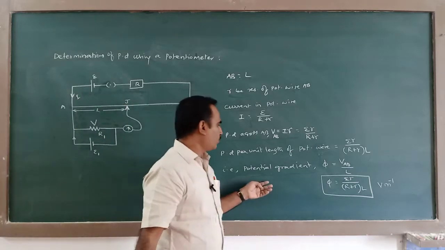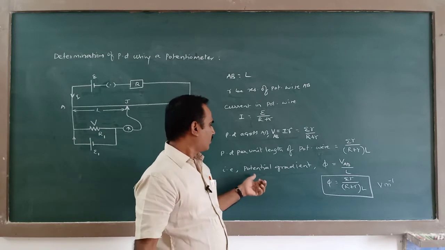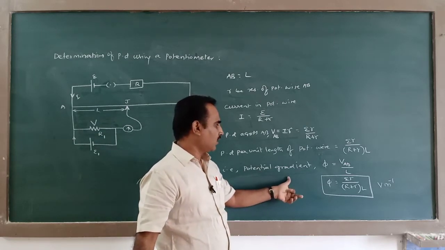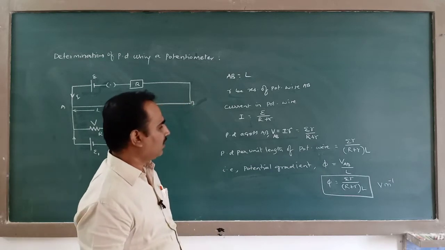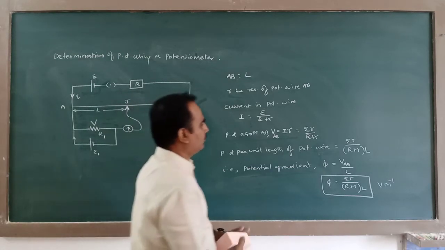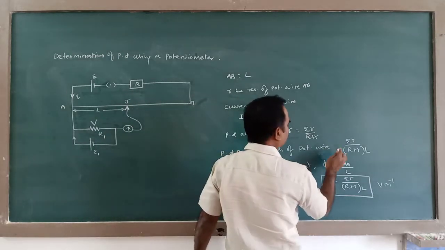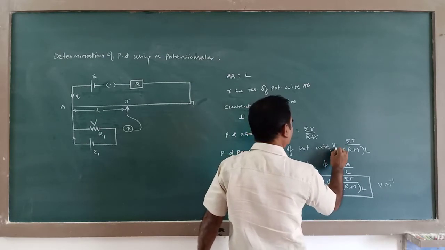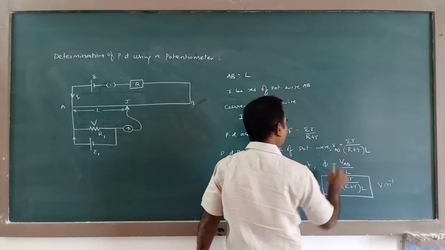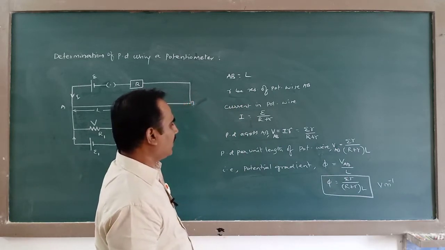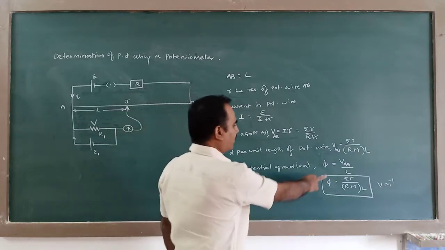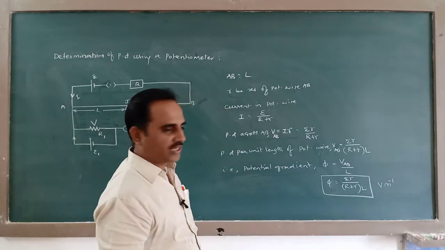So there is a change in potential with length. That is why it is called potential gradient. That potential gradient is VAB divided by L, and this VAB divided by L can be written like this, is called potential gradient.